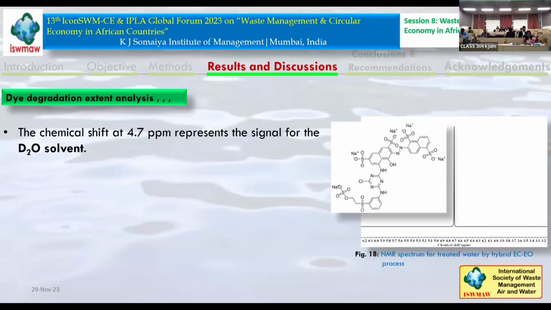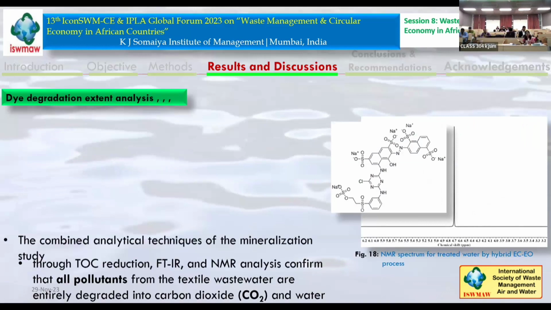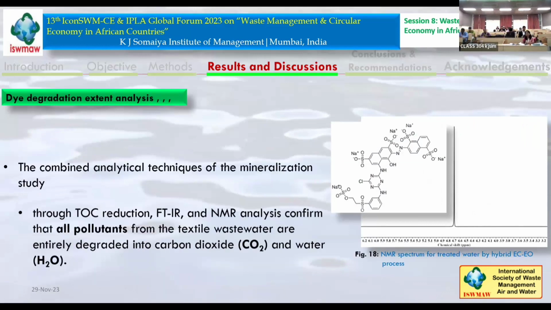The same result was observed using the NMR spectrometer, as you can see from this graph. Since we didn't see any signal, all the functional groups are degraded. From this, we can conclude that the TOC reduction, FTIR and NMR analysis confirm that all pollutants from the textile industry are entirely degraded into carbon dioxide and water.